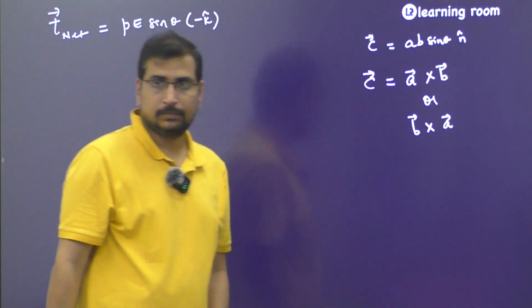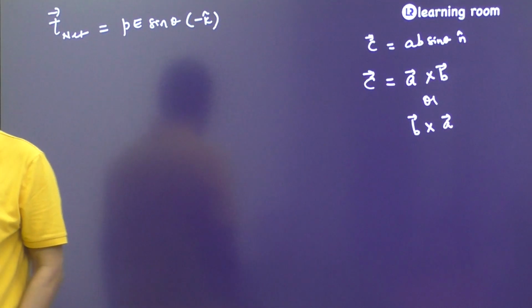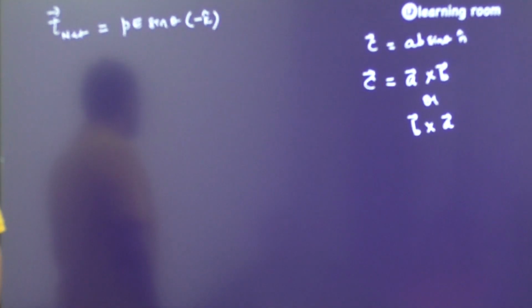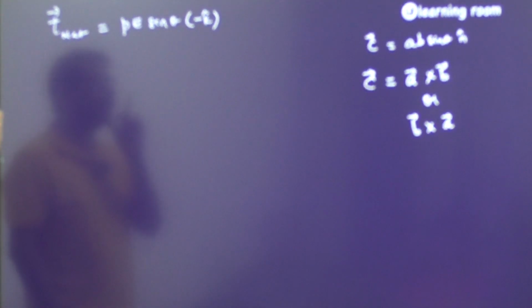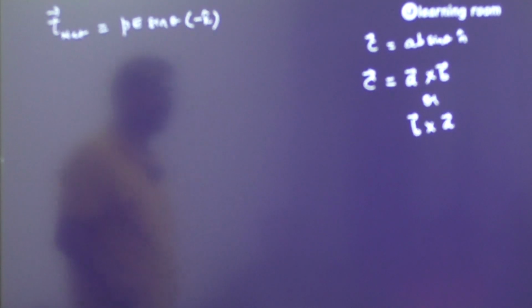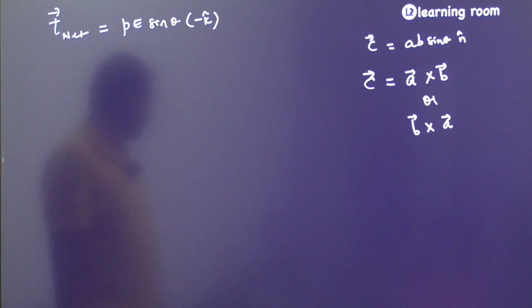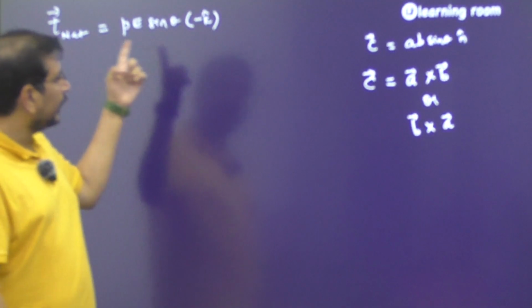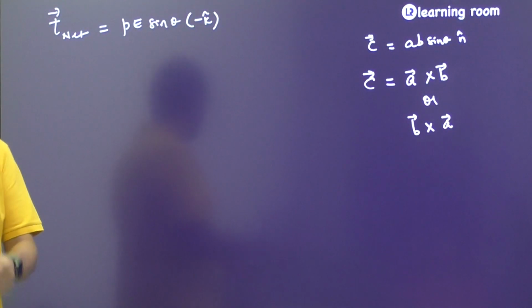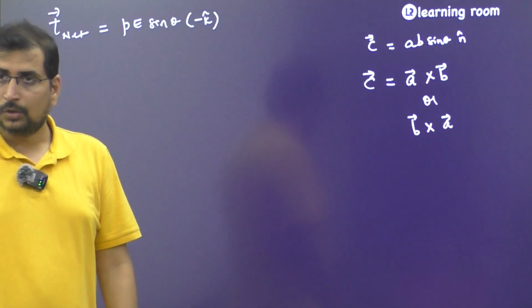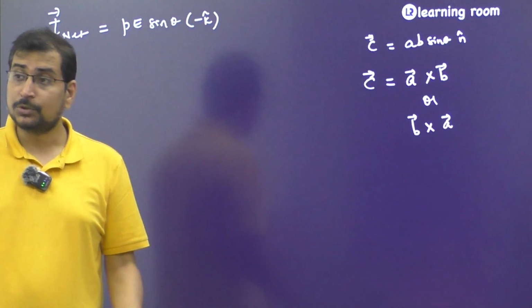It makes a difference because they are not the same. What is the relation between them? A cross B is the negative of B cross A. They are always in opposite directions. So taking the idea from there, here I have P E sine theta minus k cap, where n cap is a unit vector; here instead of n cap, I have minus k cap. The question is, can I write this P E sine theta as P vector cross E vector or E vector cross P vector? Which one should I choose?